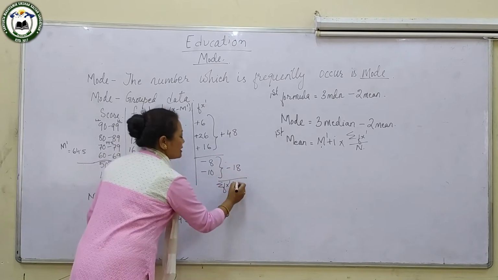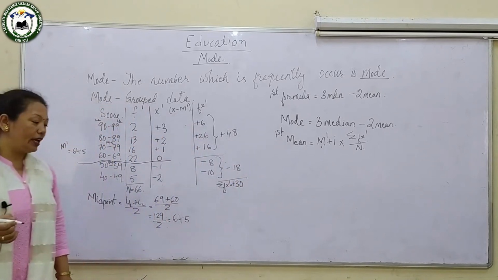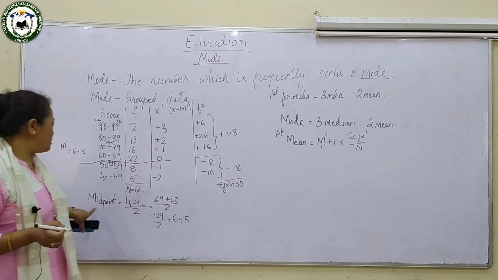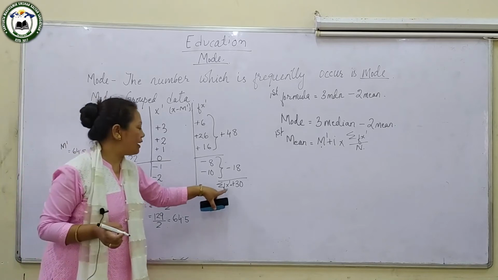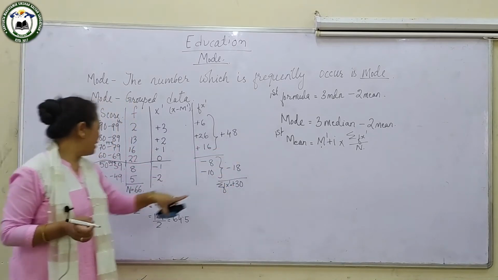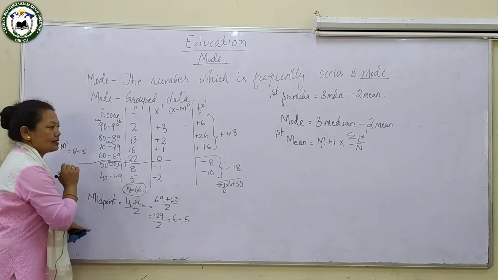So 48 minus 18 is 30. Okay, so you have m dash, that is 64.5, you have fx dash, and you have capital N, that is 66.